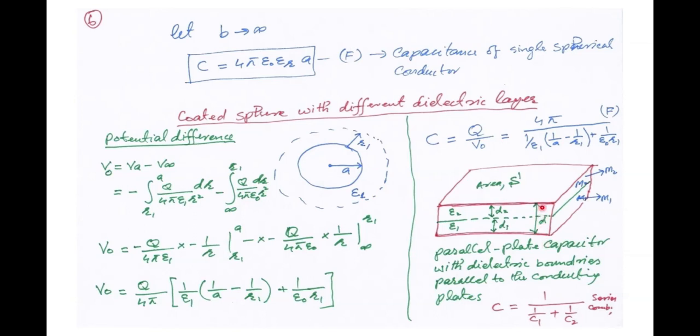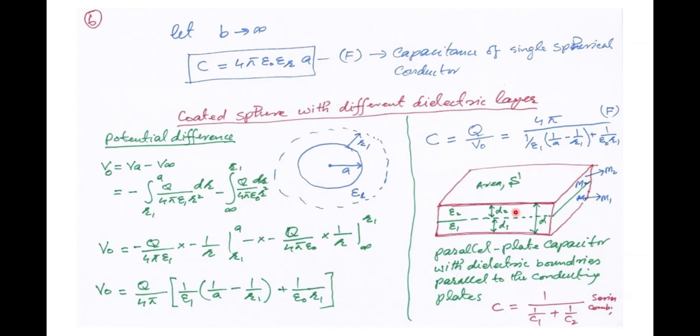The total spacing between the conducting sheets is d. The thickness of material 1 is d1. The thickness of material 2 is d2. And remember, in this case, each material occupies the whole conducting surface, which we have denoted by S. So in this case, the charge distribution remains the same, but the potential is different.